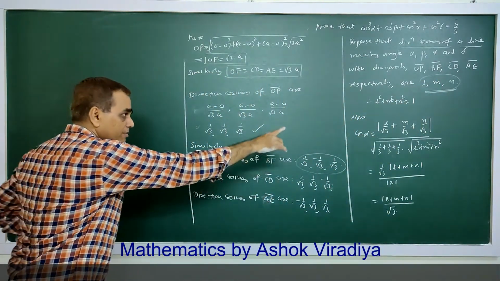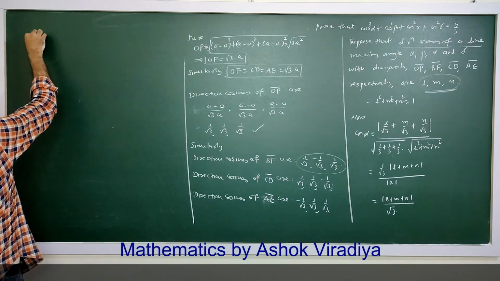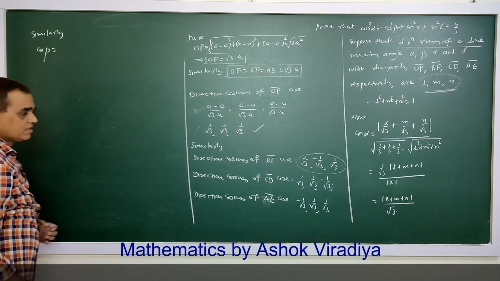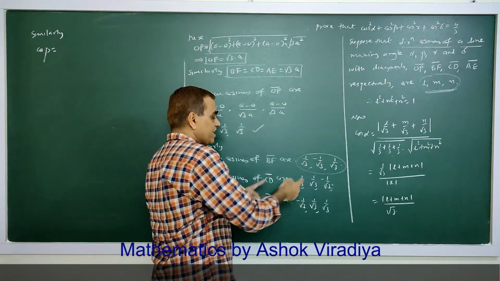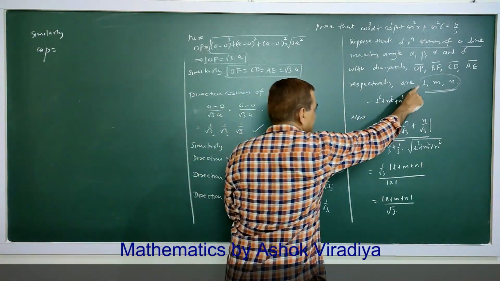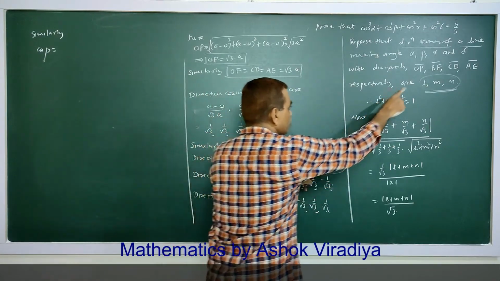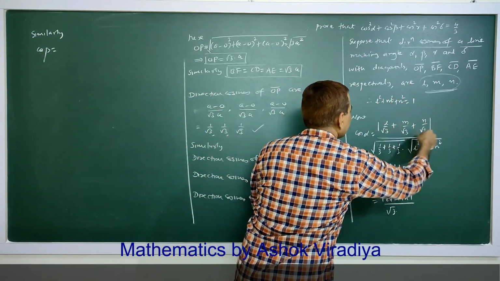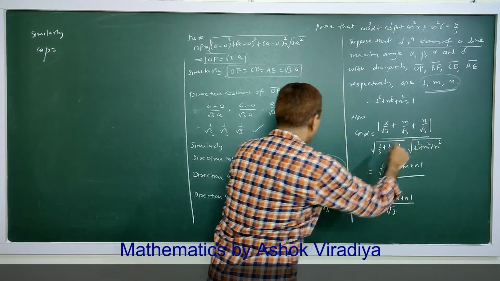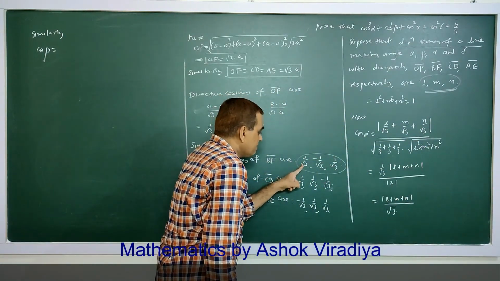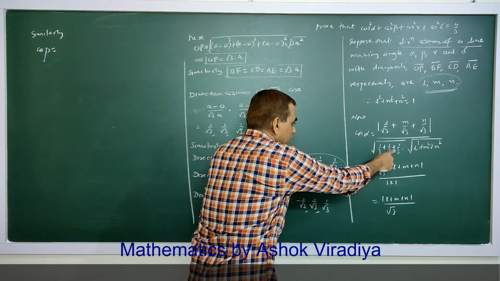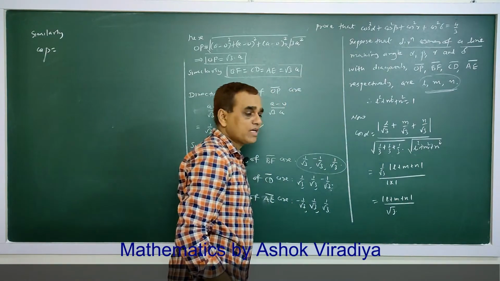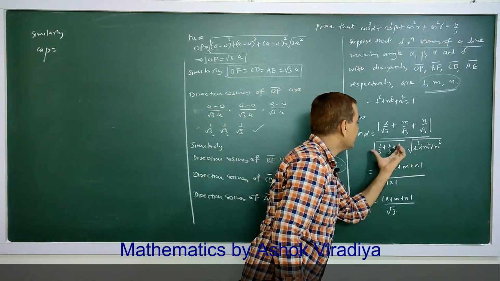So similarly, cos beta is a1 a2 plus b1 b2 plus c1 c2 upon square root of a1 square plus b1 square plus c1 square into a2 square plus b2 square plus c2 square, but the denominator value will be 1 into 1.